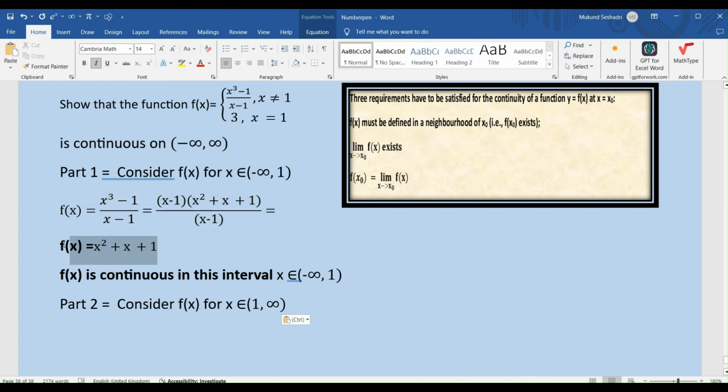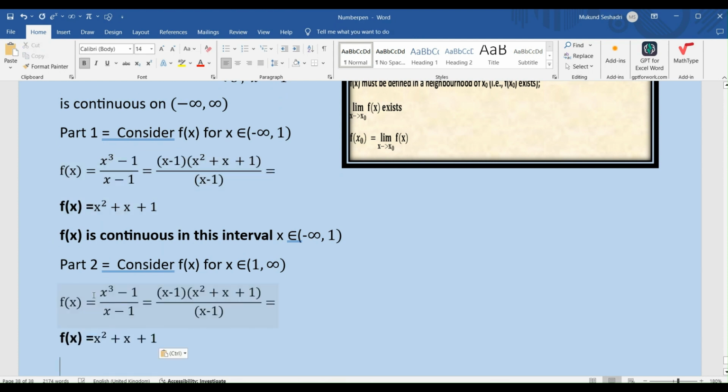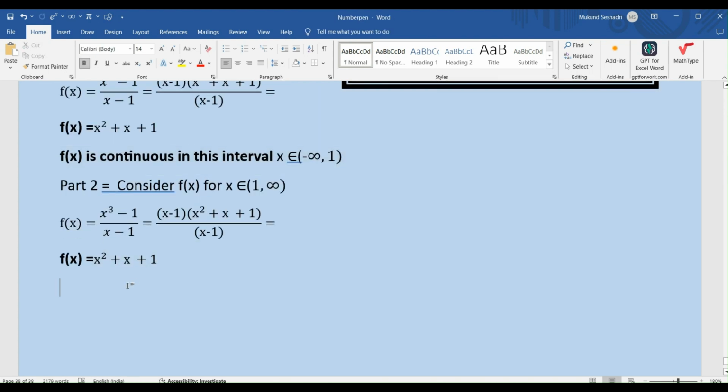So we still have the same equation, right? The equation does not change, so we can just copy what we did in our previous step. I know that this is a polynomial function again, and it is continuous in the interval 1 to infinity as well, right? So let's just copy this open interval 1 to infinity. This particular function is continuous, right?